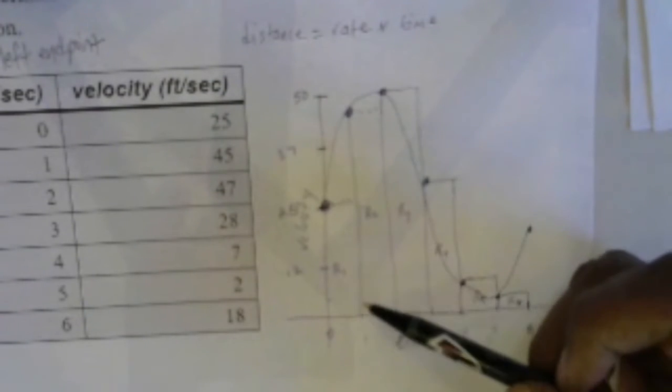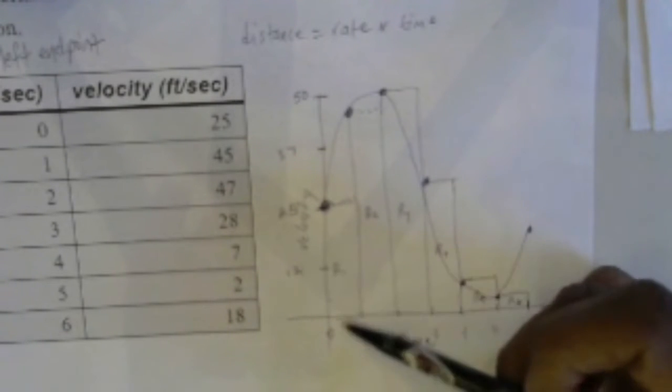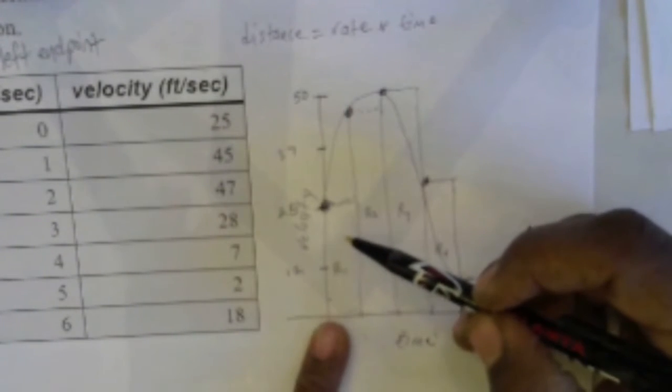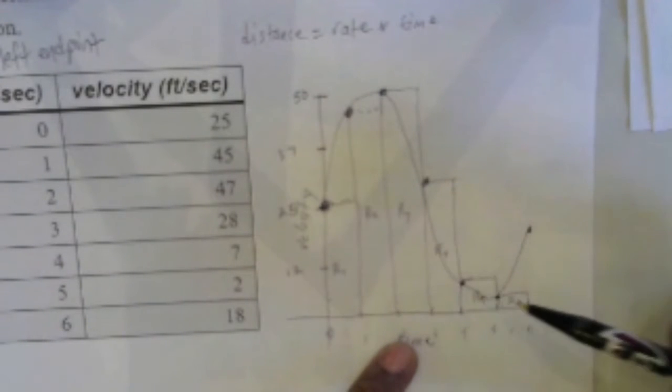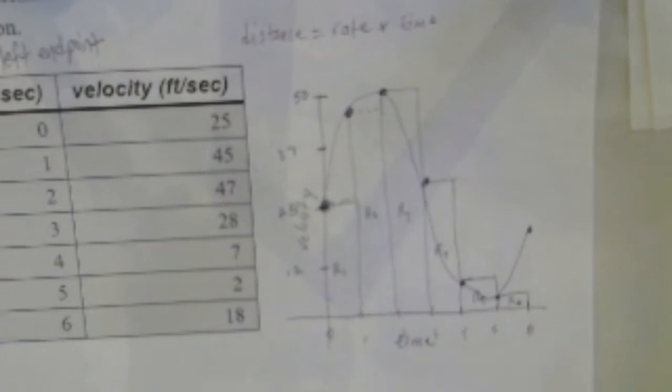So now this is where the distance comes in. If we multiply the rate times the time, that actually gives me the area, but in this case, that area is actually the distance. So I'm simply going to find the areas for all 6 of my rectangles, which is inadvertently the distance. I'm going to add them all up to give me the total distance.